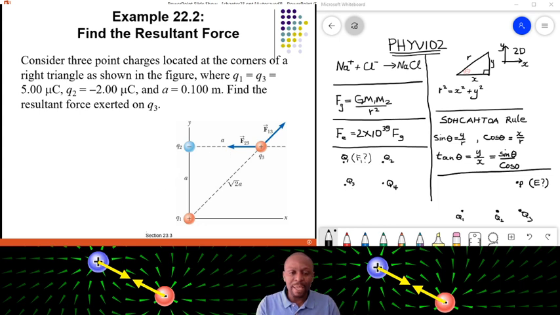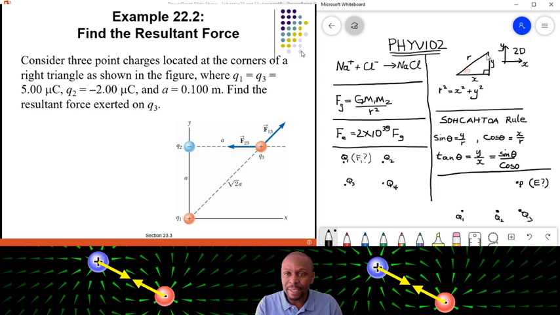Now, before I actually do this problem, I also want to show you that this value here, you're not going to be given, but you can get it from the theorem of Pythagoras. You remember, if you have a triangle like this, look at the whiteboard, this distance there can be defined in terms of x squared plus y squared.